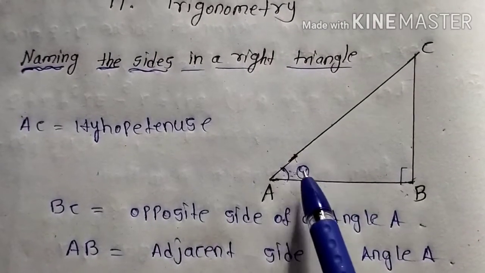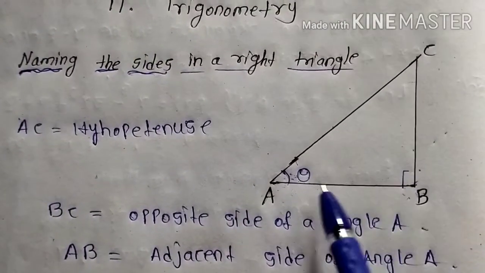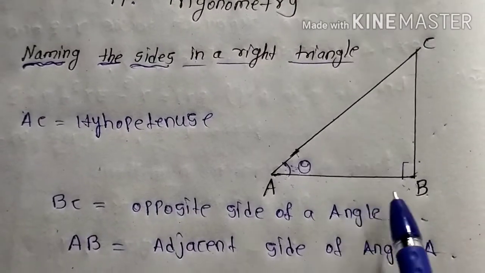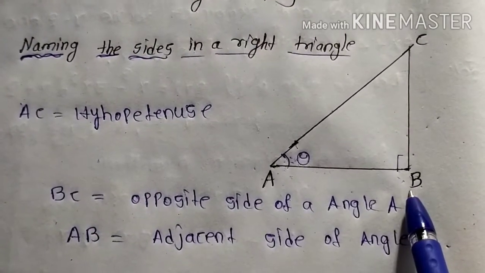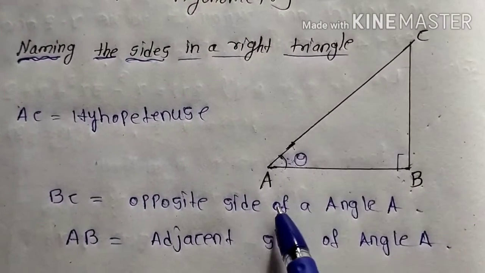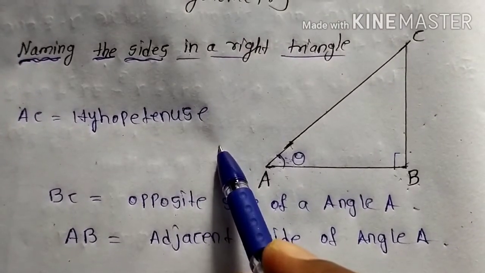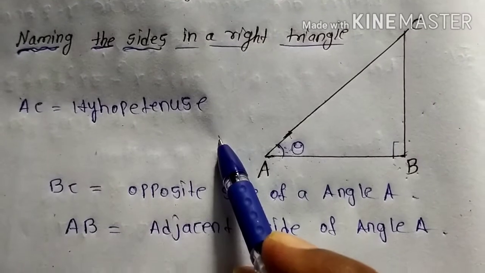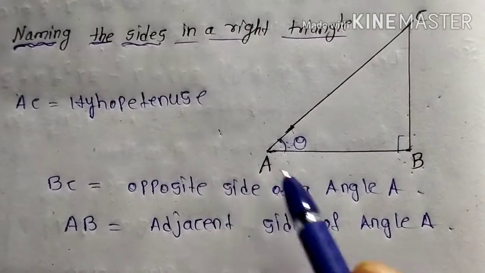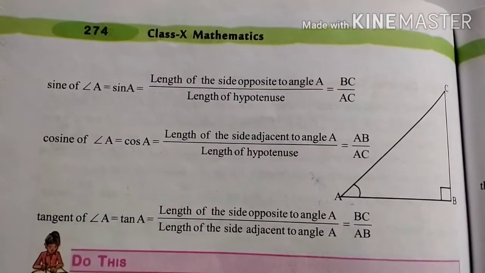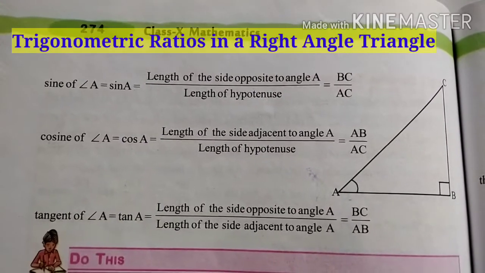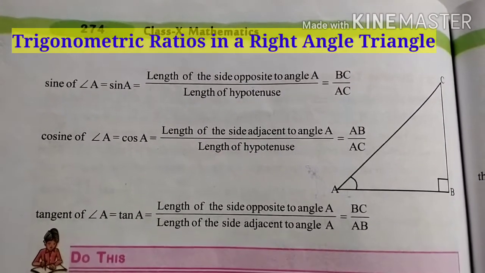With respect to angle A, BC is the opposite side, AB is the adjacent side. These are very important. Based on opposite side, adjacent side, hypotenuse only we can define trigonometric ratios and we can do problems in the exercise.